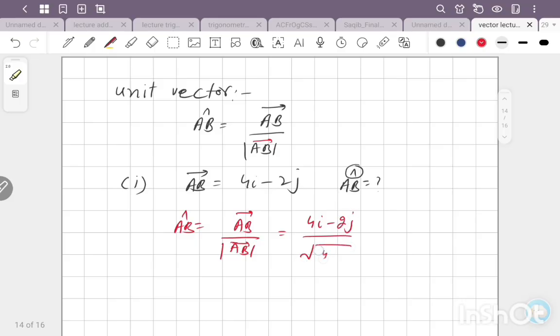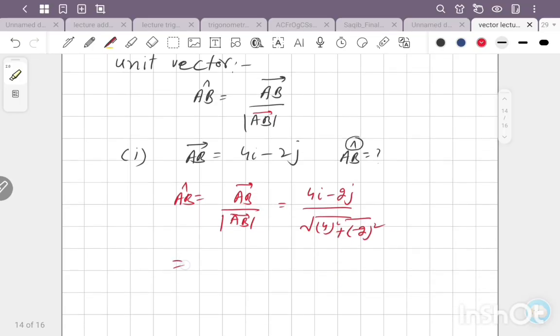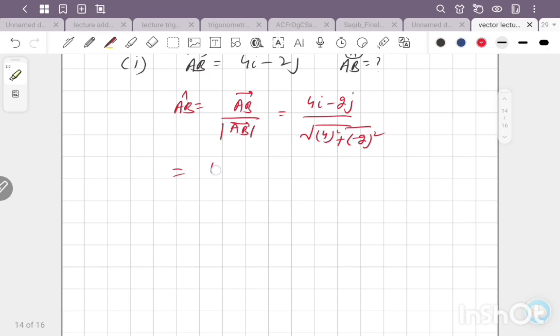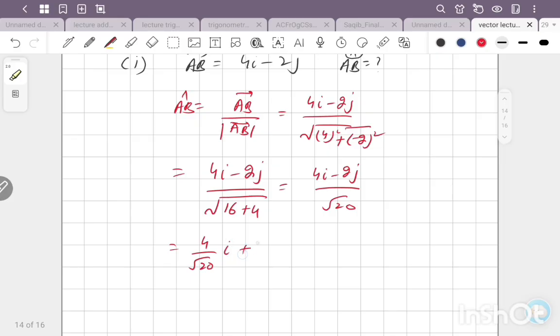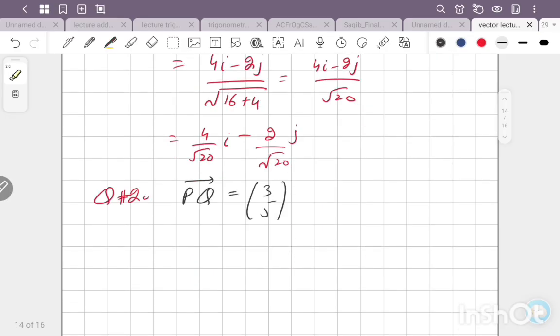Magnitude will be the square root of 4 squared plus minus 2 squared. So we get 4i minus 2j divided by the square root of 16 plus 4, which is the square root of 20. Now we can write it in this form: 4 divided by square root 20 i, minus 2 divided by square root 20 j. Okay, next.